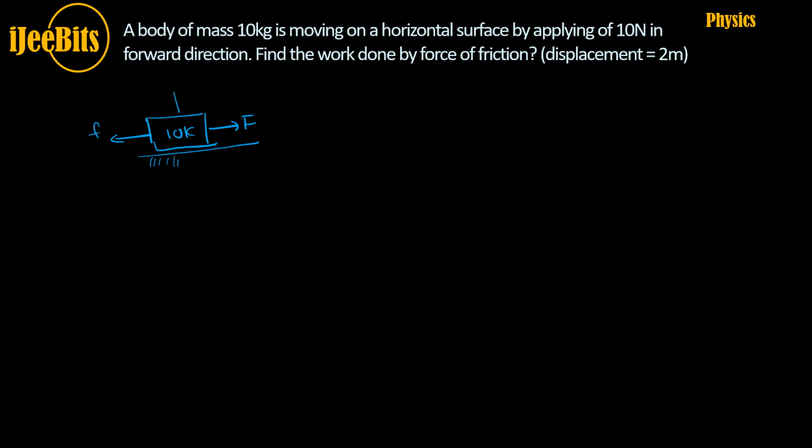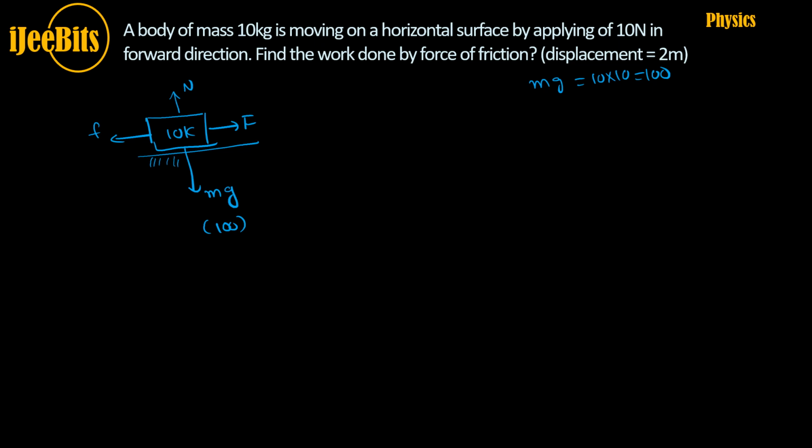The normal force is in the upward direction and mg is in the downward direction. Let's say g is also 10, so mg is 10 into 10, nothing but 100. So N equal to 100.